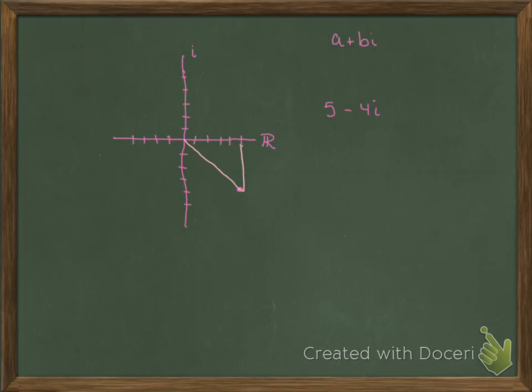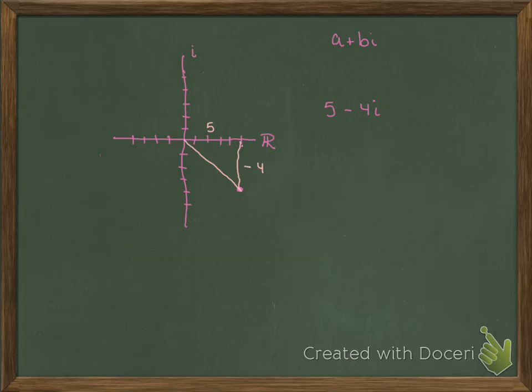Okay, so there's the coordinate right there that represents 5 minus 4i. So the magnitude, or the modulus, the length of that pink vector there, is found using Pythagorean's theorem. Okay, so we've got a right triangle now, and we've gone over positive 5 and down 4 to get to the coordinate that we plotted that represented 5 minus 4i.